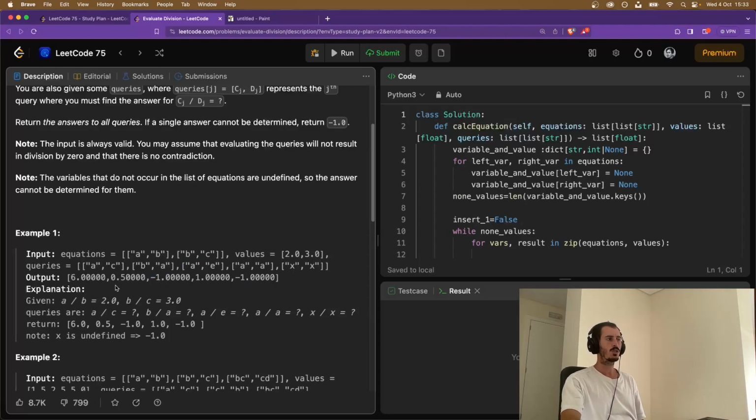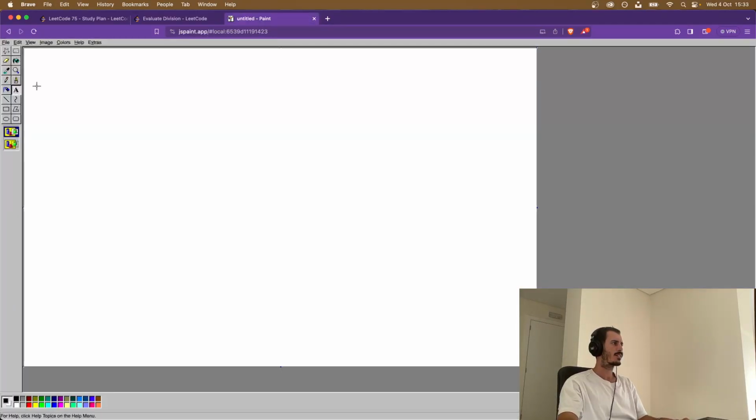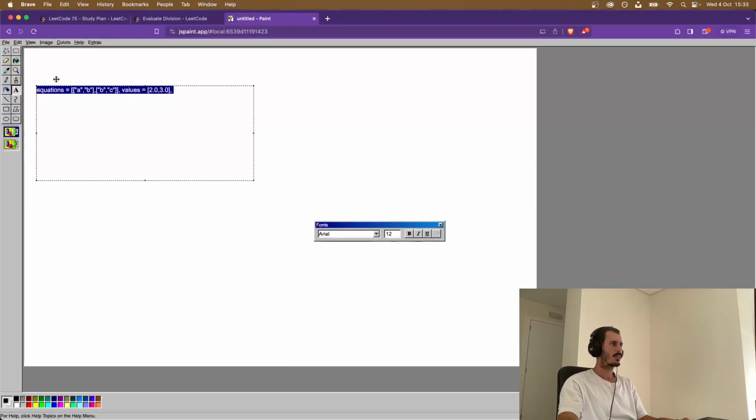Okay, so there are two ways of solving this problem. Let's look at this. I'm going to copy this and put it on Paint and increase the font size to 30.